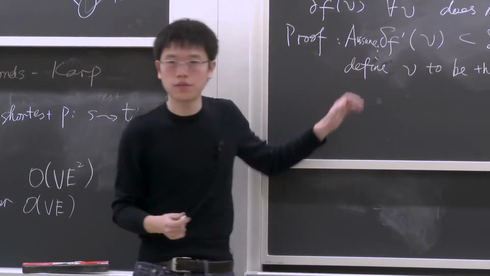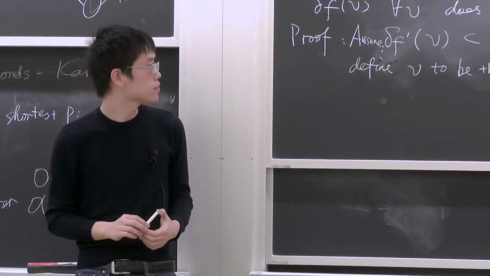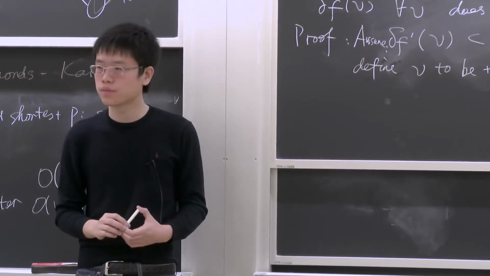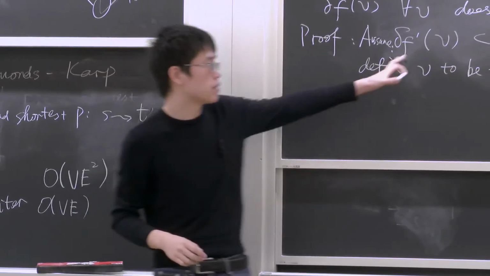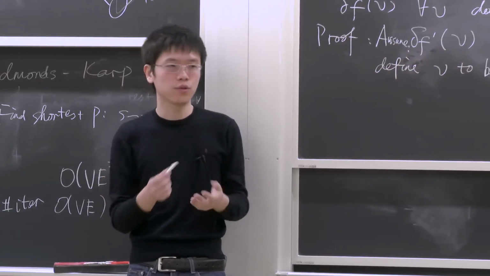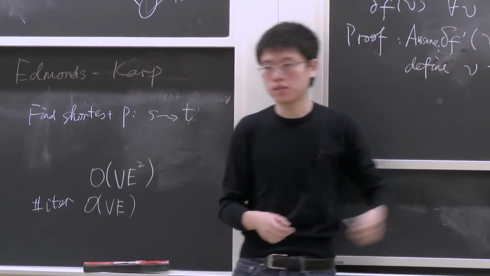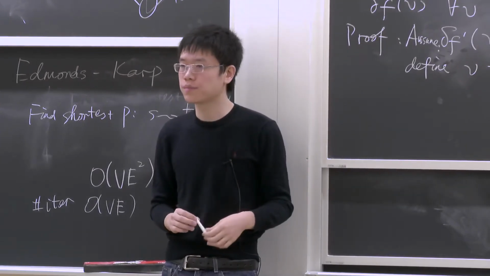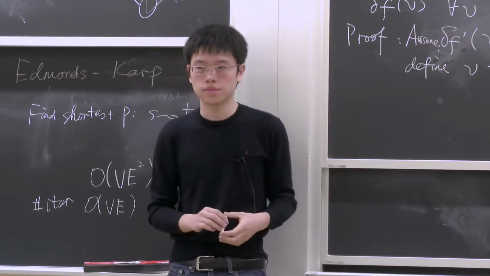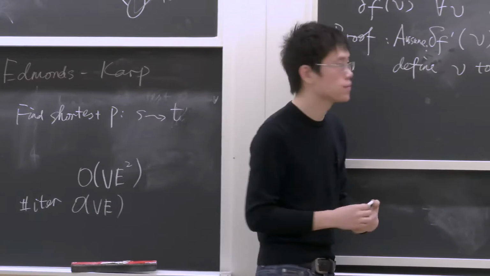Okay, any questions about this step? So there could be like V1, V2, V3 that all make this happen. So I'm going to choose the one among those that has the smallest distance from the source.